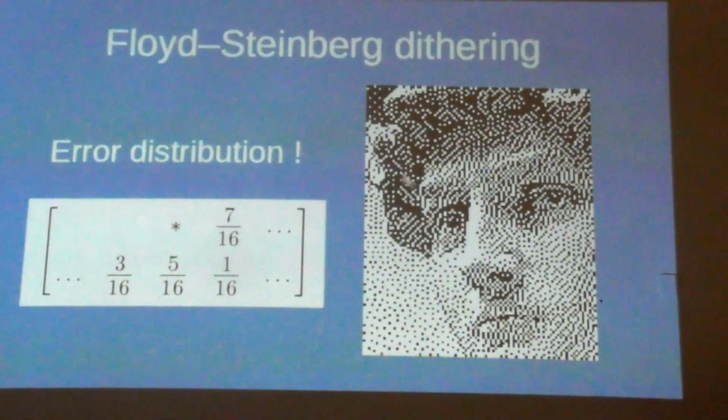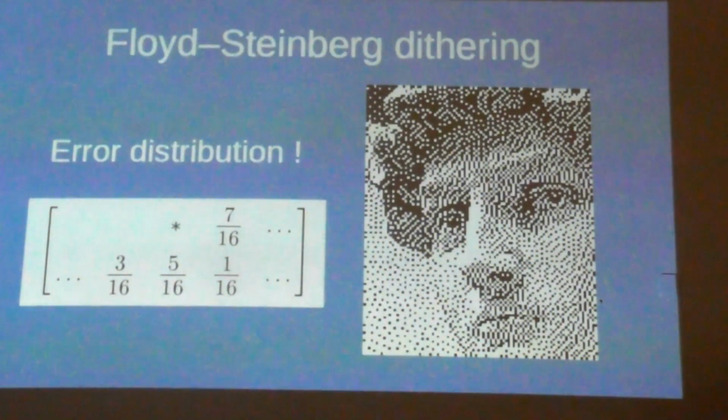The classical Floyd-Steinberg dithering works like this: you encode the image from top to bottom, and at every point you compute the error of the current image.